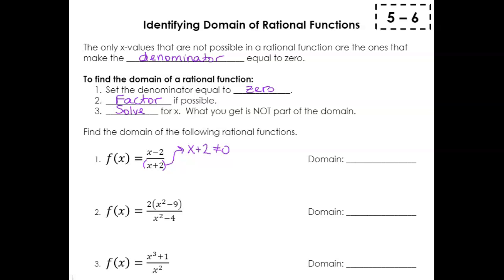So I don't want x plus 2 to be equal to 0. I'm going to solve for x by using inverse operations, and x cannot be equal to negative 2. So my domain is all the real numbers except x cannot be equal to negative 2.